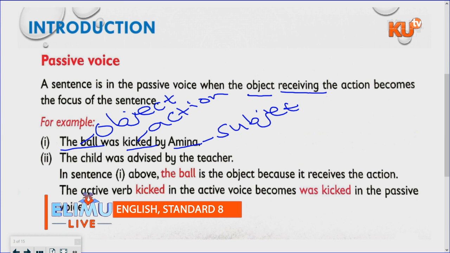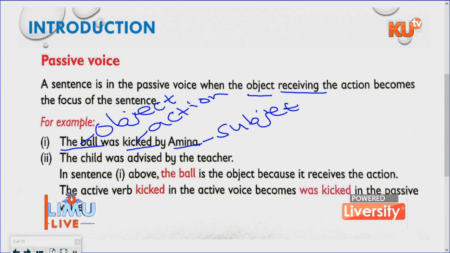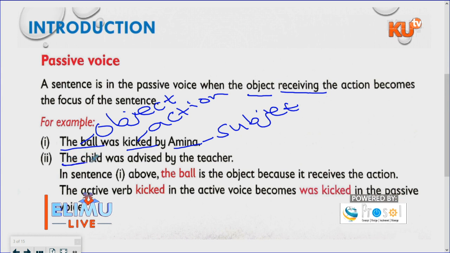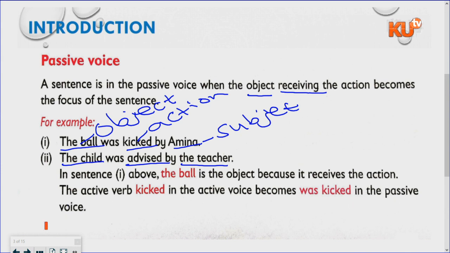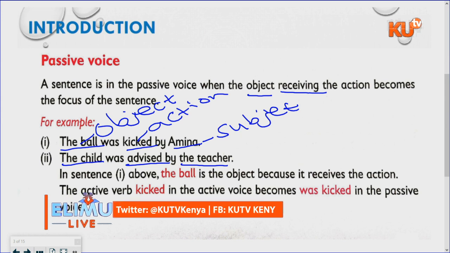Now, our next sentence, the child was advised by the teacher. The child is the object there. Was advised, advised is the verb. Then by the teacher is the subject of that sentence. So here, the object has become the focus of that sentence, and advised is the action.